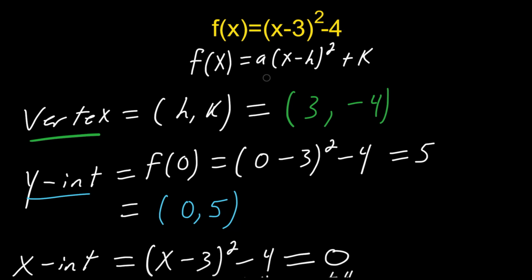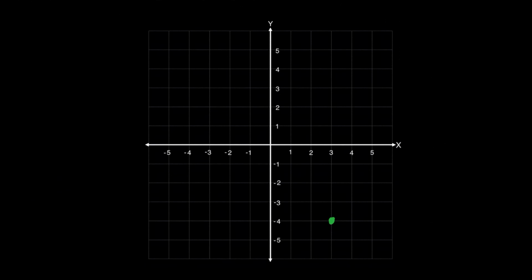If a is greater than 0, then the parabola opens upward. If a is less than 0, it opens downward. Over here, a is equal to 1. It's not written, but it's implied because 1 times all of this remains all of this. So a is 1, which means it's greater than 0, so the parabola opens upward. So this is going to be the lowest point, and our parabola is going to open upward like this.